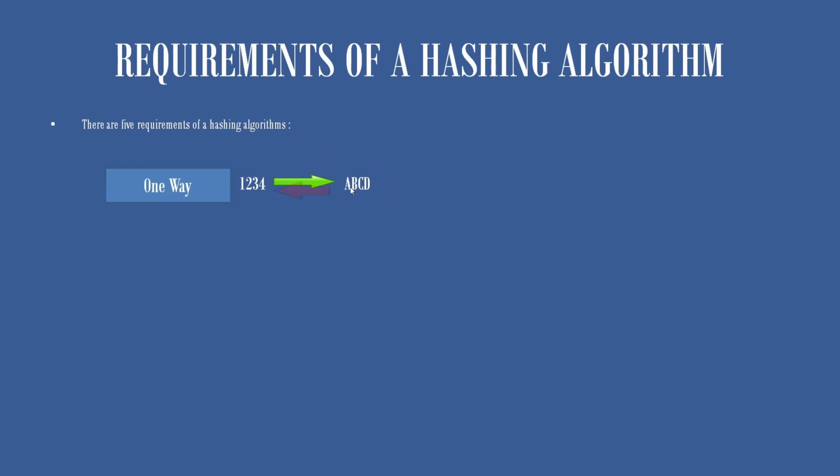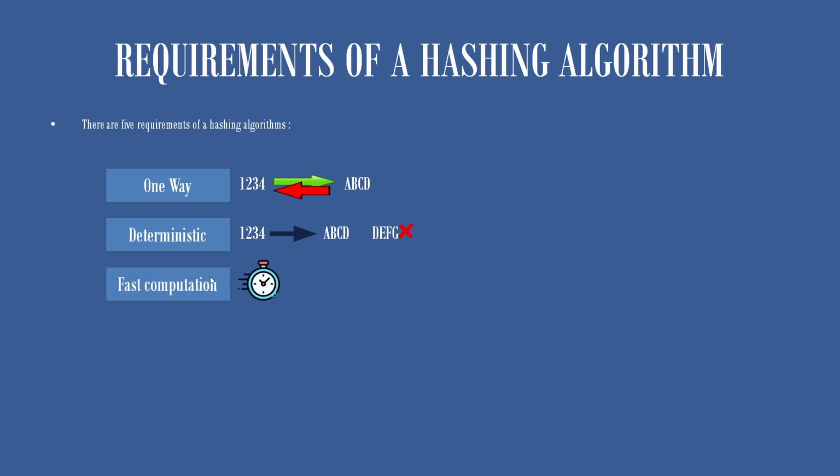The reverse should not be possible. The other one is deterministic: the data should produce the same encrypted data every time. If we give 1234 and it produces ABCD, then every time we give 1234 it should produce ABCD. It should not be that we give 1234 and it produces DEFG.